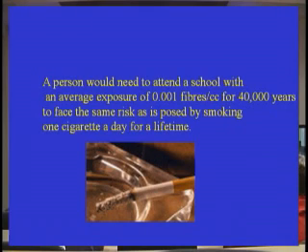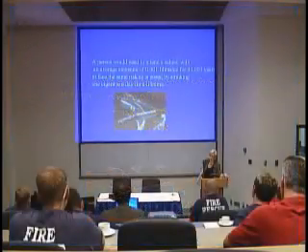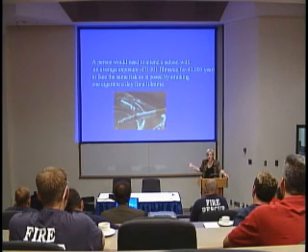So in essence, if we look at that person who is working in that school building, they would have to be in that building for the equivalent of 40,000 years before the risk is appreciably elevated. So this is trying to give you some idea of what the relative risks are.